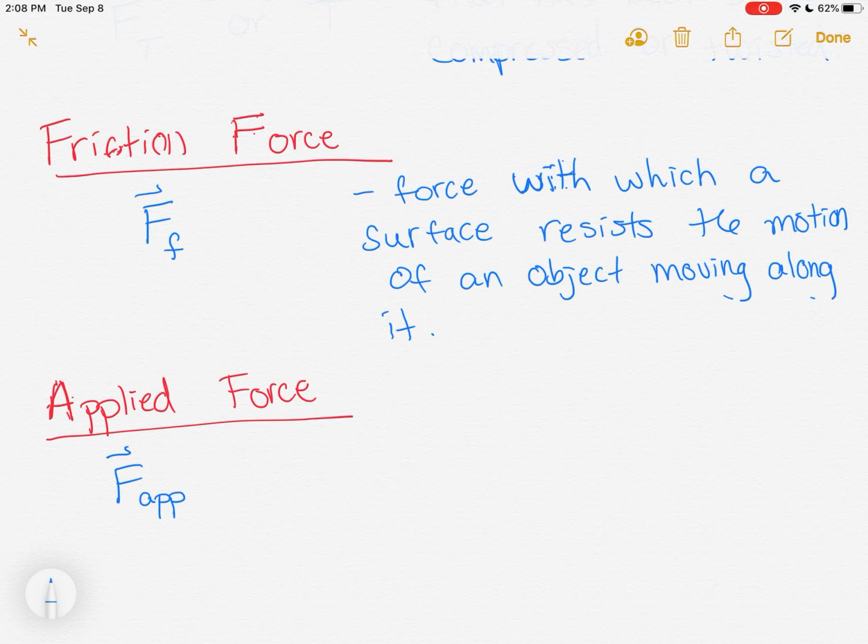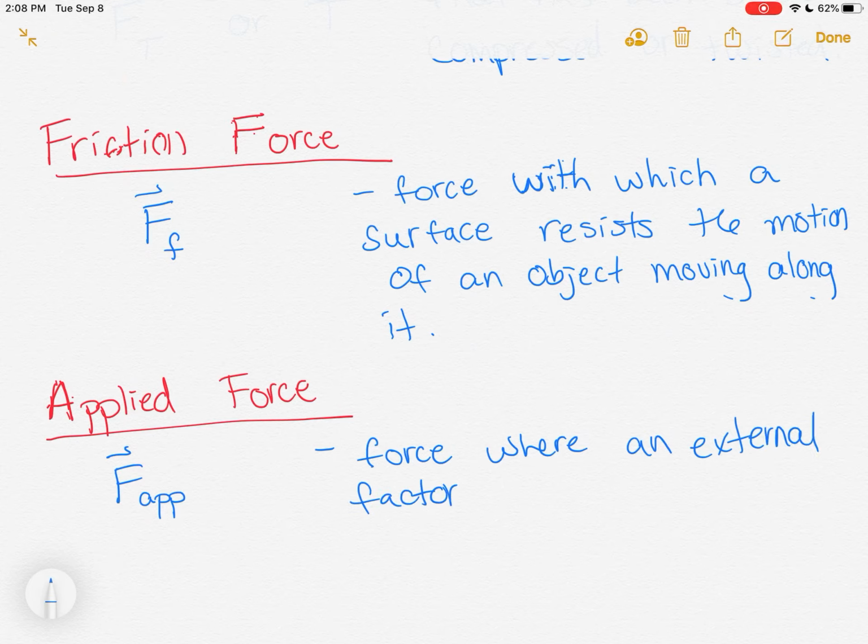So sometimes you can say pushing, or so an applied force is a force where an external factor changes the state of the system.